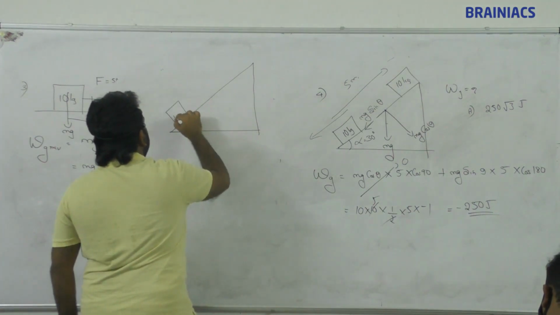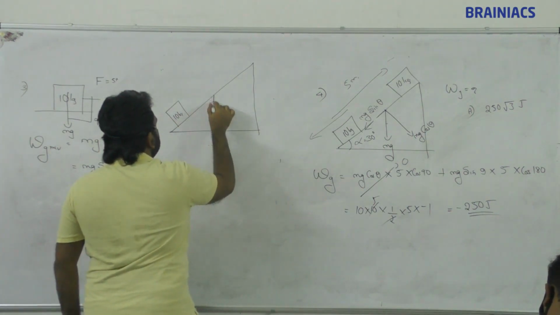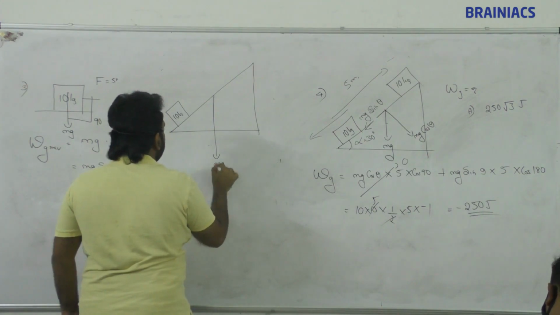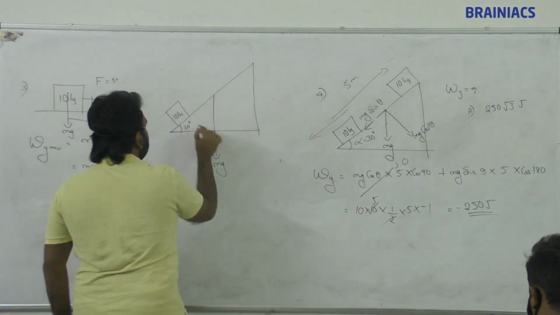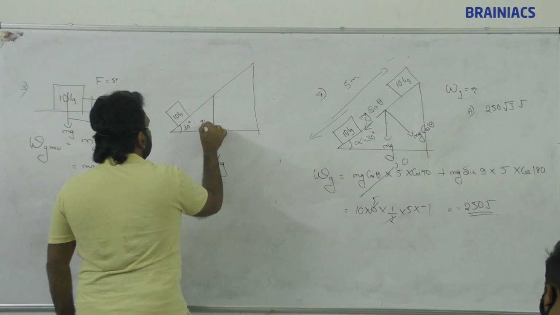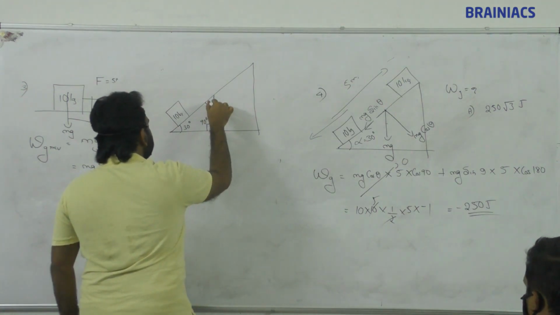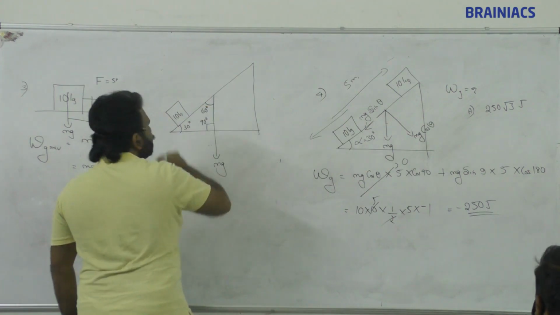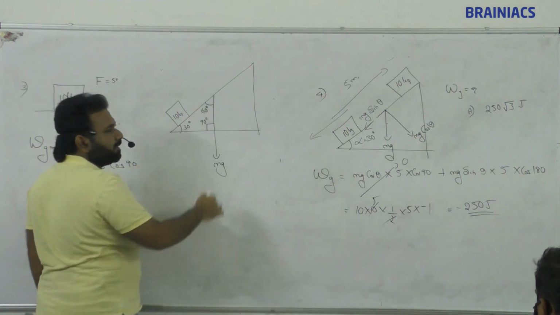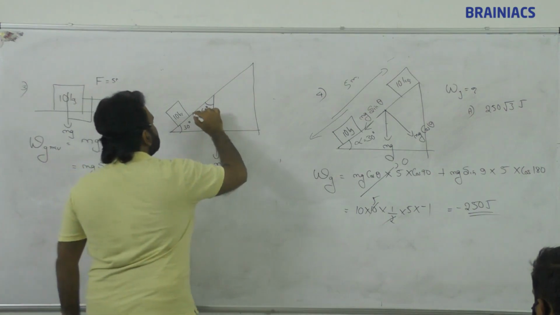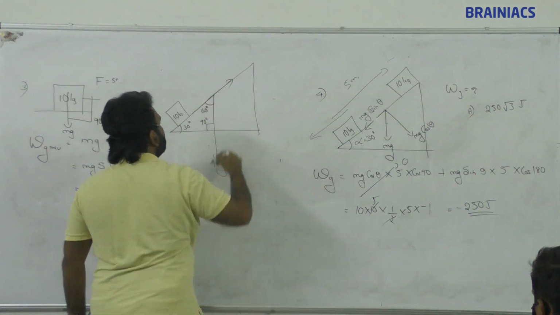This is the direction of mg. This is 30 degree, this is 90 degree, so what will this one be? 60 degree, correct? mg is acting in this direction and this is the direction of displacement.